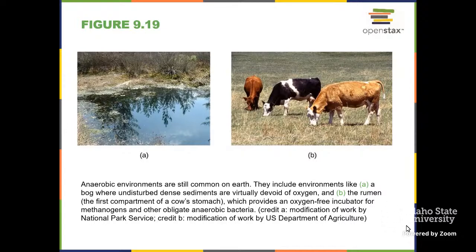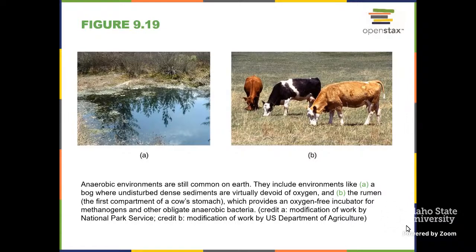And in the gut of cows and others, but in the first bit of the cow, there's 4 stomachs in a cow. So in the first one, the rumen, this is a very anaerobic type of habitat, and there's a lot of bacteria that are helping to metabolize some of the cellulose that the cow is breaking down as it's chewing up its cud, its grass, or whatever else it's consumed, the hay.